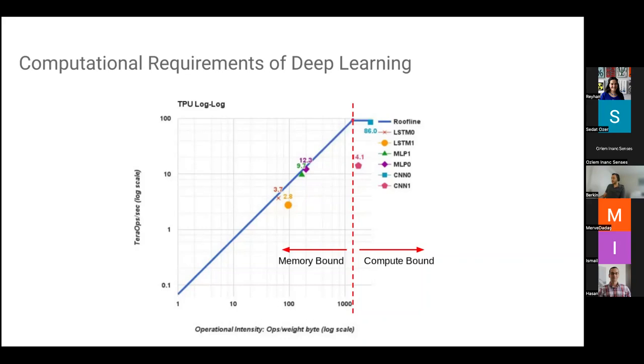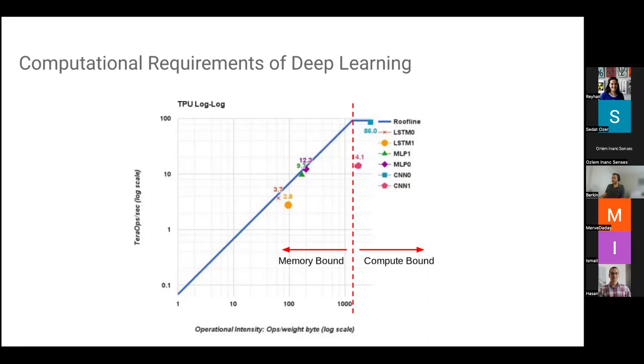Now, this point is the break point where if you're towards the left, you're memory bound. If you're towards the right, you're compute bound. But I just wanted to highlight that this is a very limited set of neural networks, some LSTM types, MLP types, and CNN types. But the bottom line here is that we do see there is no common trend, right?